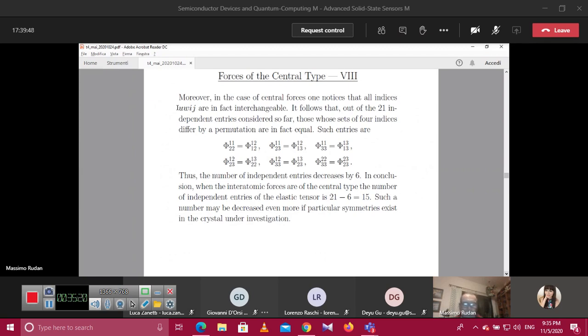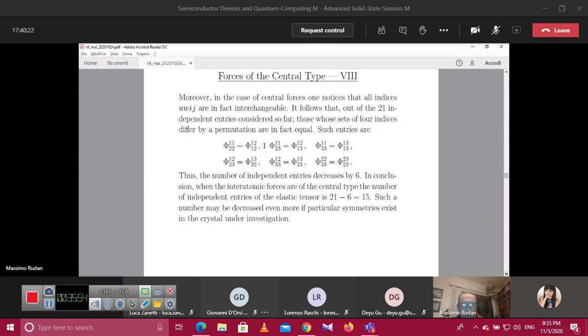And there are 6 possibilities. For instance, the element with upper indices 1, 1 and lower indices 2, 2 is non-zero, but also the element with upper indices 1, 2 and lower indices 1, 2 is non-zero. And you can see that 1, 1, 2, 2 and 1, 2, 1, 2 are a permutation of each other. So these two terms are equal.